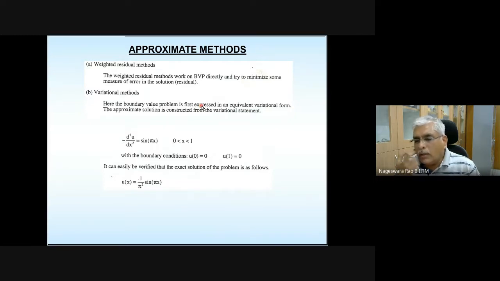And I told you, most of these finite element textbooks are written by people who either follow the weighted residual based finite element method or the variational based finite element method. Usually civil engineers are good at writing potential energy directly.